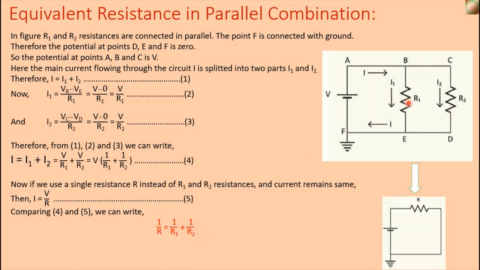That is, if two resistances R1 and R2 are connected in parallel, their equivalent resistance R is given by 1 by R equal to 1 by R1 plus 1 by R2. By this equation, we have to determine the value of R, the equivalent resistance.